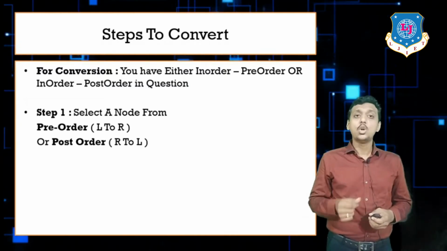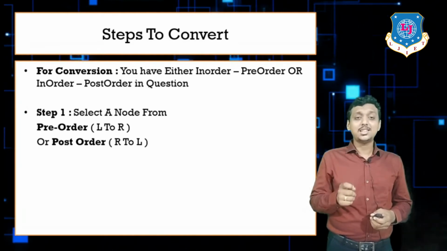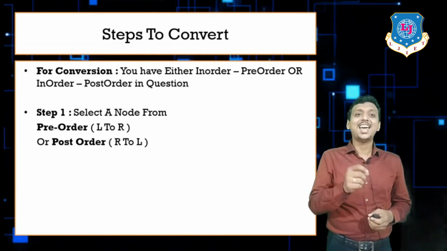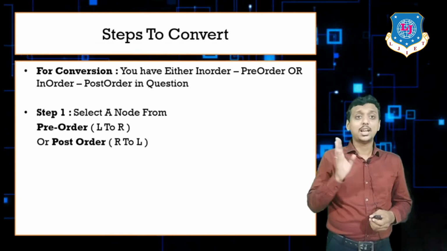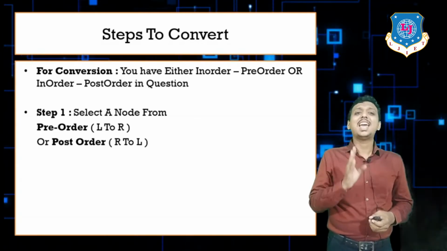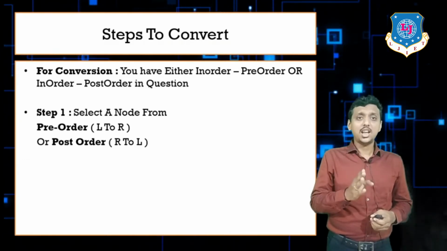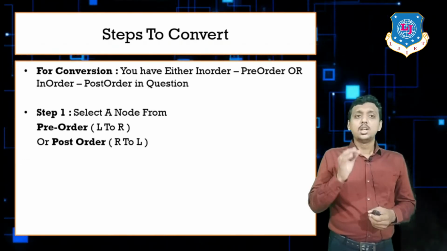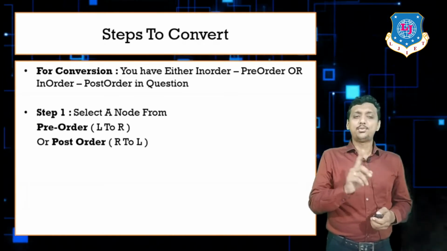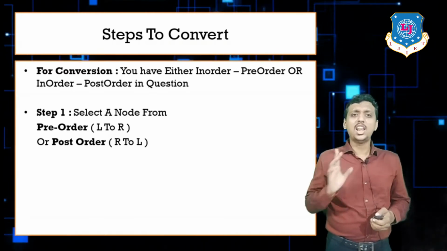Now if you remember, post-order contains VLR. No, students, post-order contains LRV, that means left, right and visit, and pre-order contains VLR, that means visit, left and right. So here you need to select a node from pre-order from left to right and from post-order from right to left.